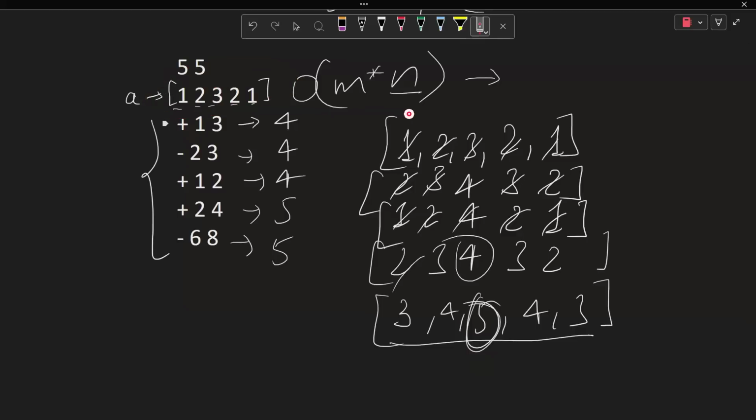It is when you perform some operation on this 3. Either you would decrement this 3 to 2, if you perform some minus operation such that this 3 is in the range.